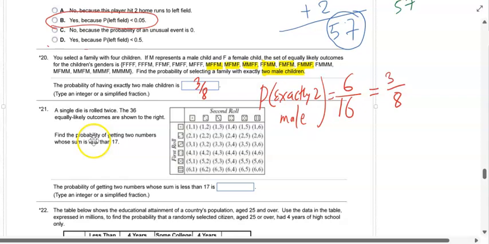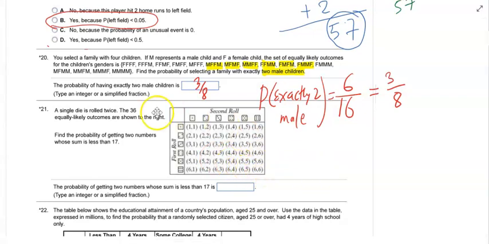The question is, find the probability of getting 2 numbers whose sum is less than 17. Notice that every ordered pair has 2 numbers. If you add, you get 1 plus 1 is 2, 2 plus 1 is 3, and so on. And every sum here is less than 17.